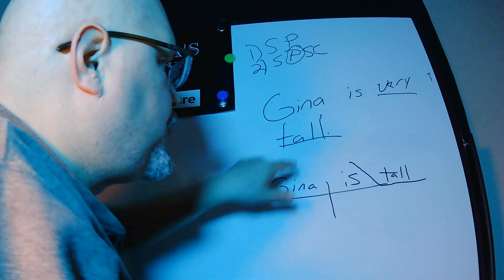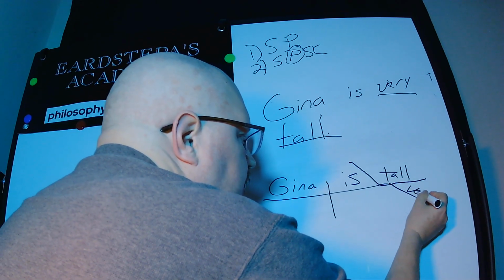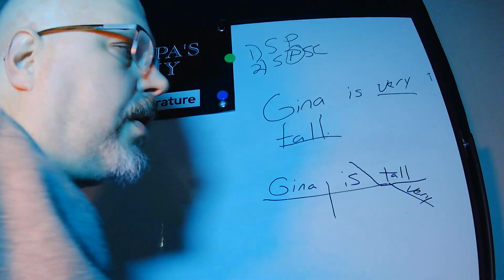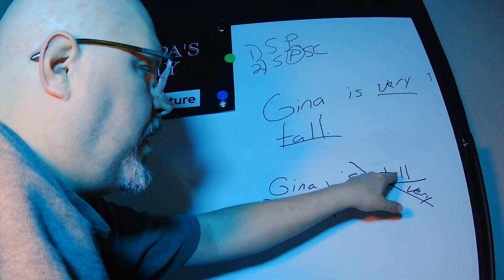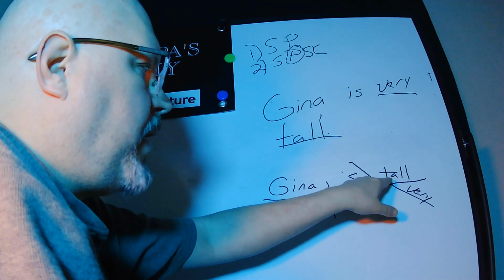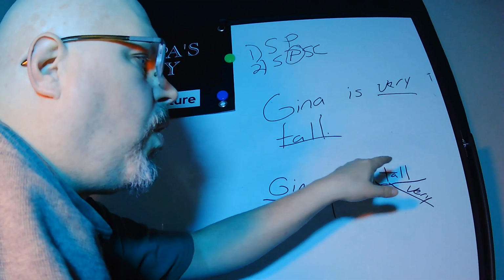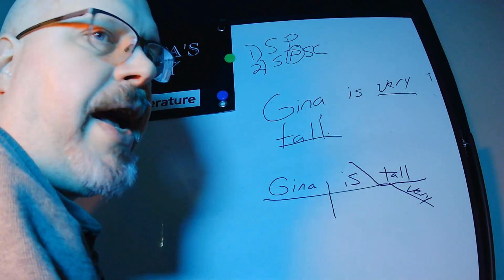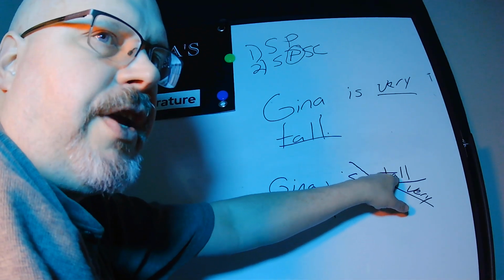Very modifies tall, which means it's going to go under it. An adjective modifies a noun or a pronoun. An adverb modifies a verb, an adjective, or another adverb. So this is actually an adverb because it modifies an adjective.